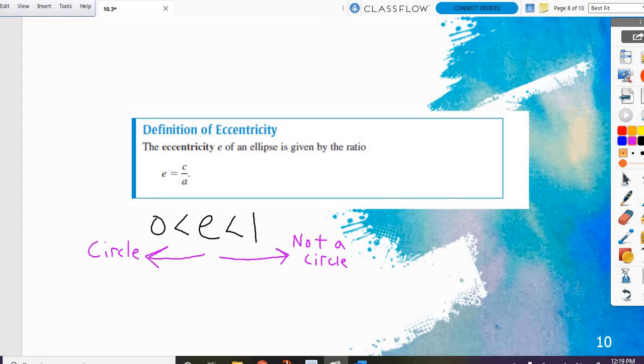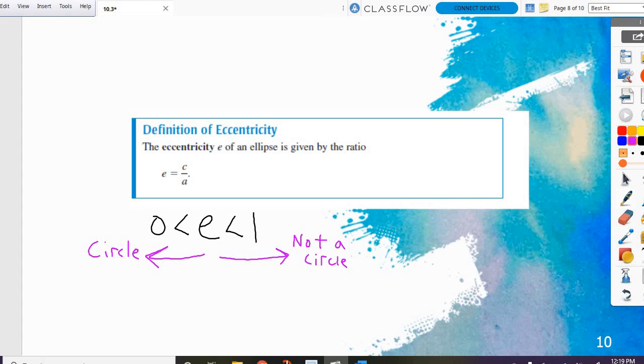We can't technically call it a circle, but it's really close. Now, for our outer planets, like Pluto, because I still think Pluto's a planet, would it have an eccentricity closer to 0 or closer to 1? Closer to 1, because it has to slingshot super far, which makes it really, really wide. Are we all with me?